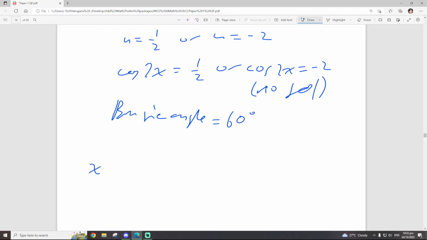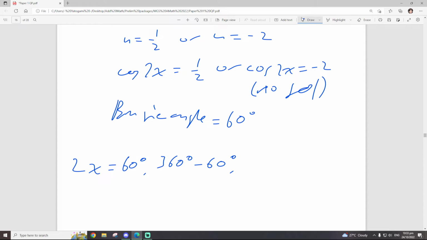So I'll write 2x first. 2x is 60 degrees, 180 degrees minus 60 degrees. Oh wait, no. Where is cosine positive? Cosine is positive in the first and fourth quadrants, so let's do 360 degrees minus 60 degrees.